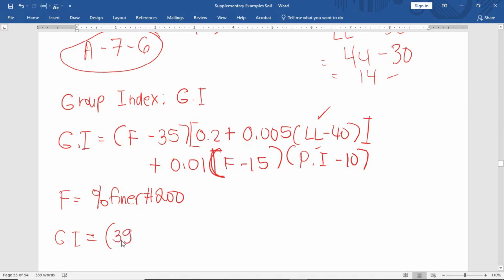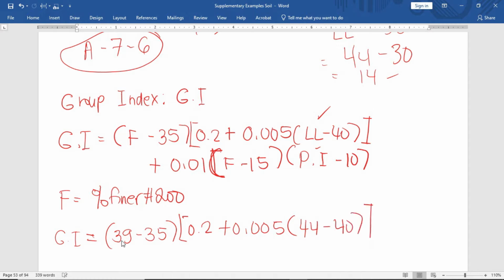39, input lang natin kasi given naman lahat. 39 minus 35, times 0.2 plus 0.005 times LL is 44 minus 40, plus 0.01 times 39 minus 15 times PI natin is 24 minus 10.